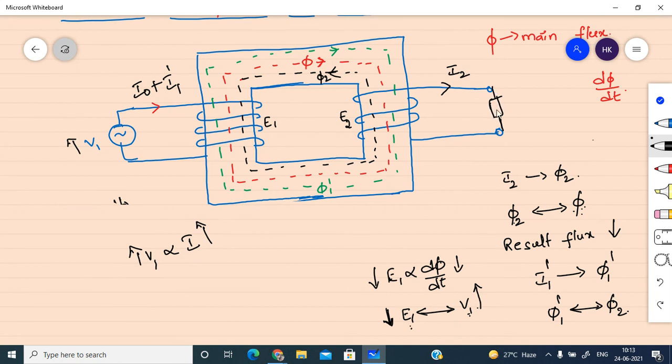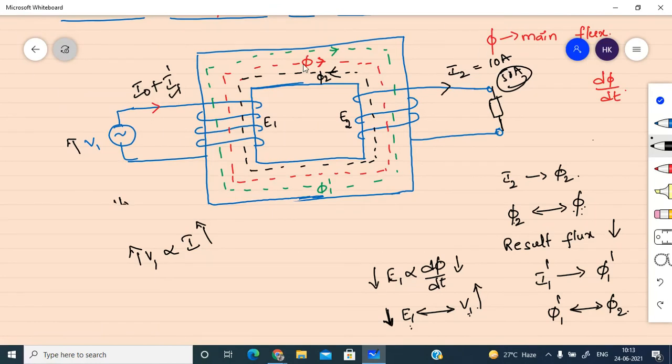Suppose I just remove this load and I connect one more load here, more than the previous one. Then what will happen? Based on that load, again the transformer primary will draw additional current. Whatever the requirement of the load current here, load current may be 10 amperes or 50 amperes. Based on this current, the transformer primary will draw the additional current.